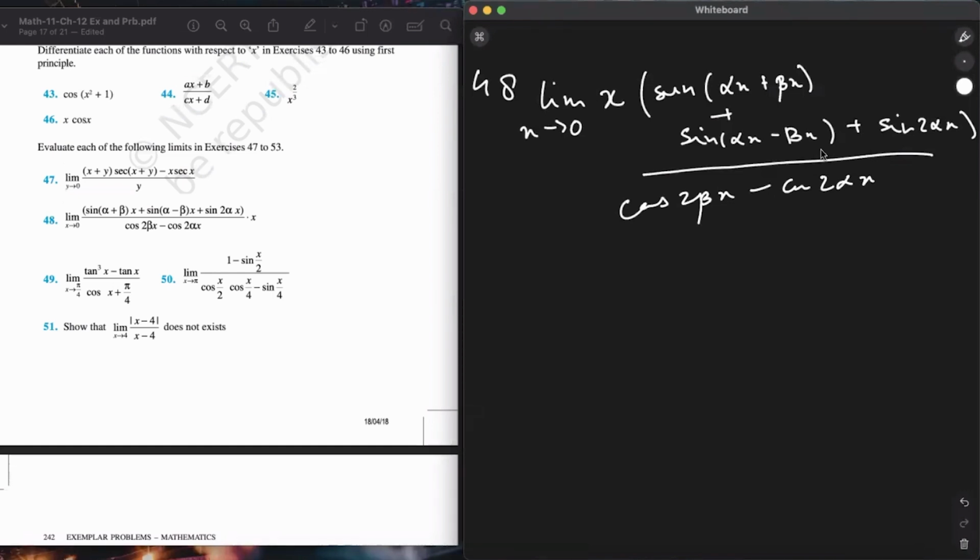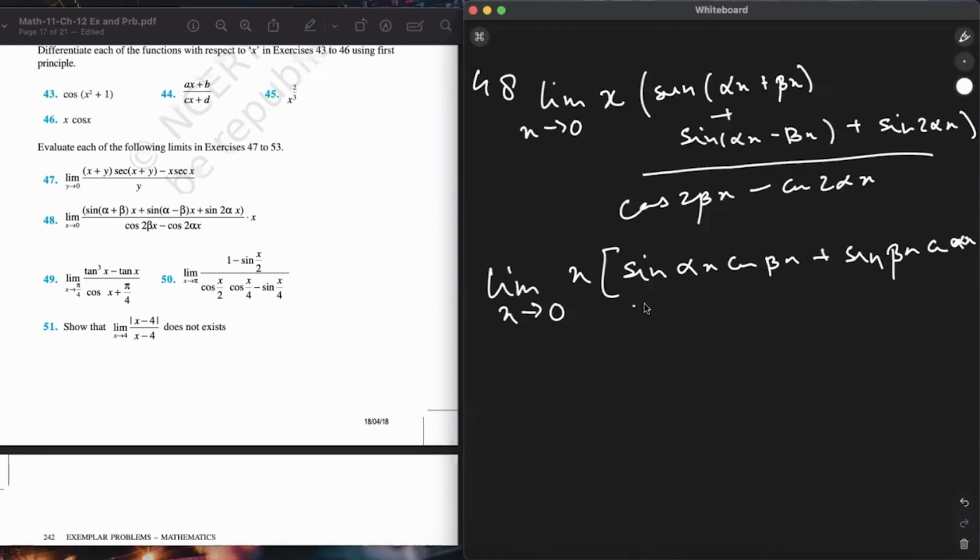I can see that in the sine terms I have the form sin(a plus b) and sin(a minus b). So I can simplify it and write it as sin a cos b plus cos a sin b. So sin alpha x cos beta x plus sin beta x cos alpha x, and plus sin alpha x cos beta x minus sin beta x cos alpha x.